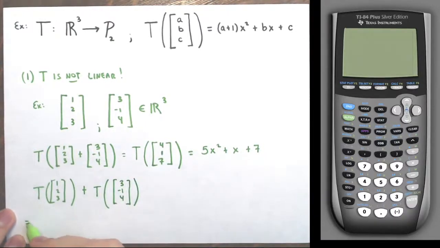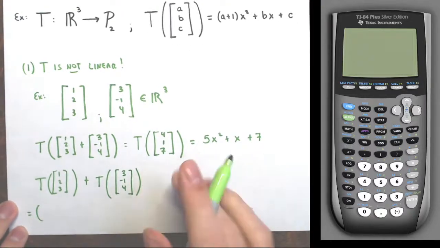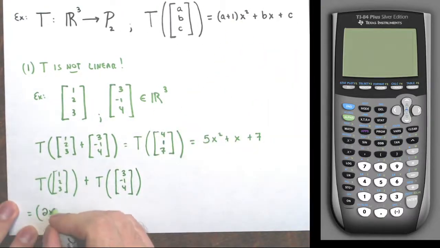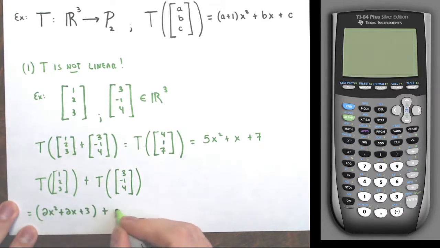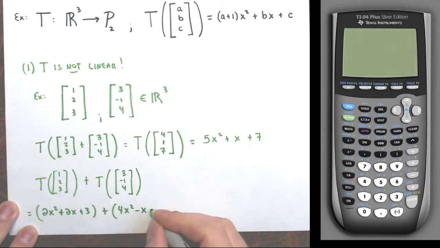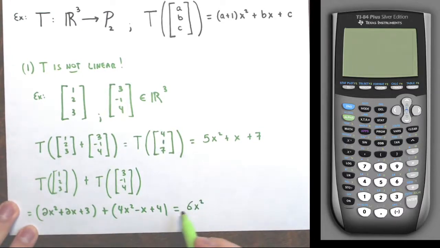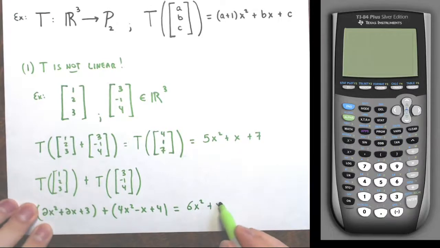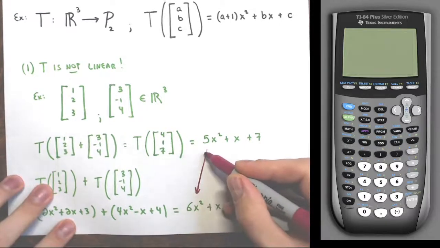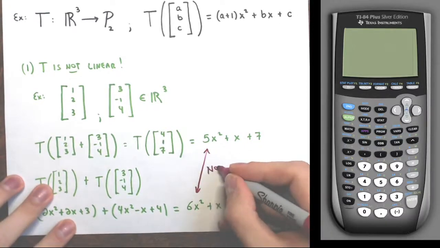Well, T of (1, 2, 3) would be 1 plus 1, so 2x squared plus 2x plus 3, plus T of (3, negative 1, 4), which would be 4x squared, since 3 plus 1, then minus x plus 4. Putting these together, combining like terms, you'd have 6x squared plus x plus 7. And look, these are not the same because of those lead terms. That's 5x squared, that's 6x squared. These are not equal.